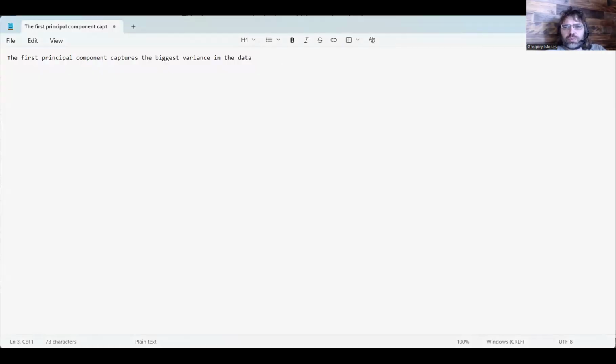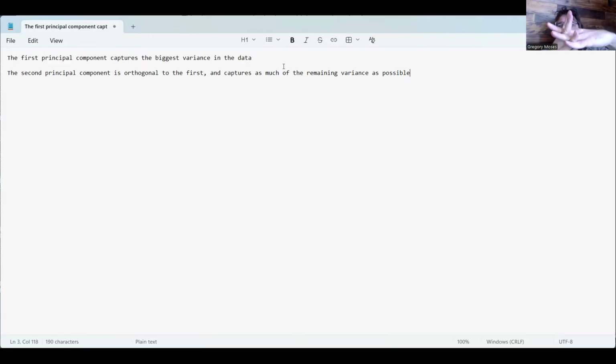So the first principal component captures as much variance as possible. The second principal component is orthogonal to the first and captures as much of the remaining variance as possible. And the idea of orthogonality, stating this just informally, is that if vectors are orthogonal, they store different pieces of information.